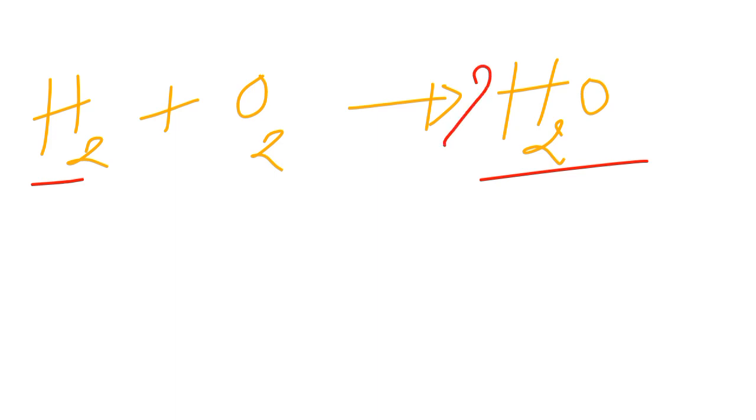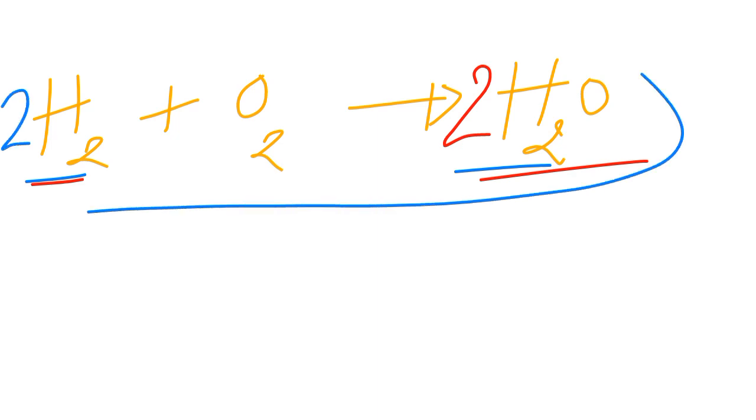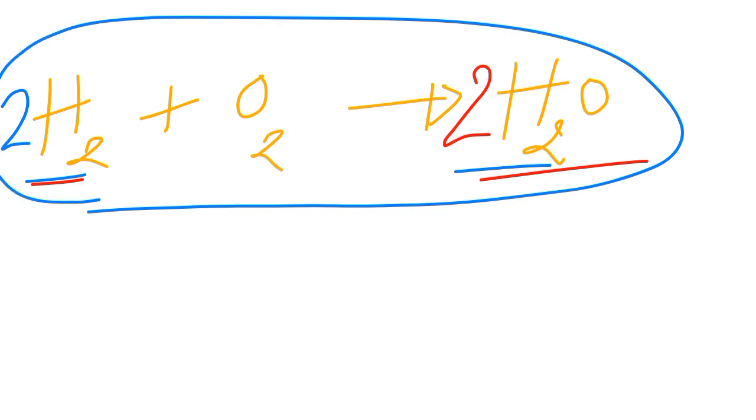So we will put a 2 in front of water in order to balance the oxygen. Now there are 2 oxygen on each side. Next we balance the hydrogen. On the product side there are now 4 hydrogen, and here we have 2 hydrogen, so in the end, in order to balance, we put 2 here. Balancing the equation in such a way will help you make good correlations in stoichiometry.